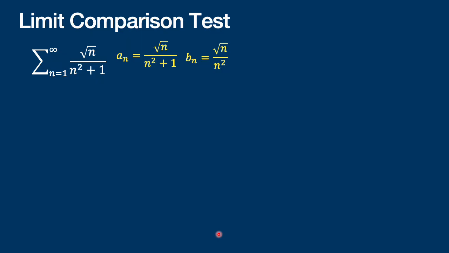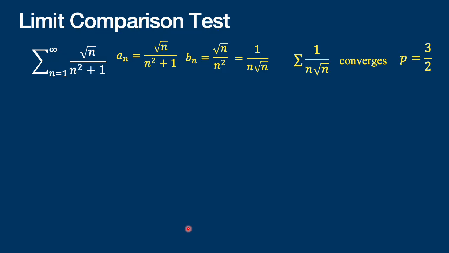Square root of n over n squared is 1 over n to the power 3/2. The power in the numerator is 1/2, the power in the denominator is 2, so the exponent is 3/2. So this p-series has p-value 3/2, so you know that this series converges.